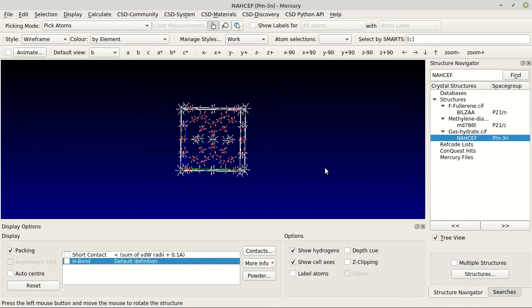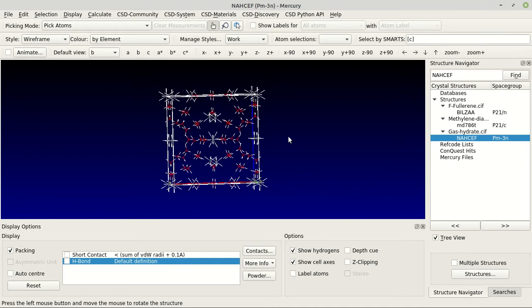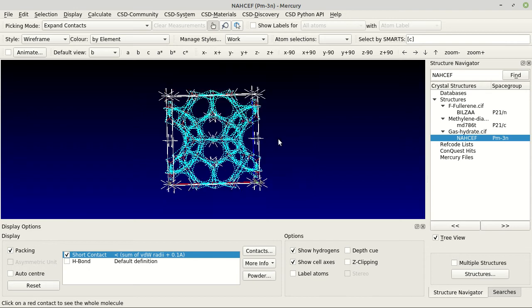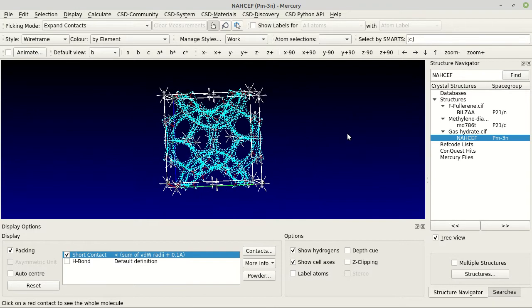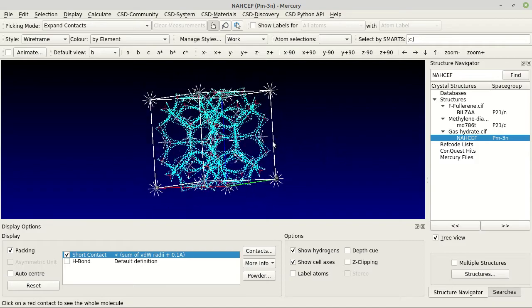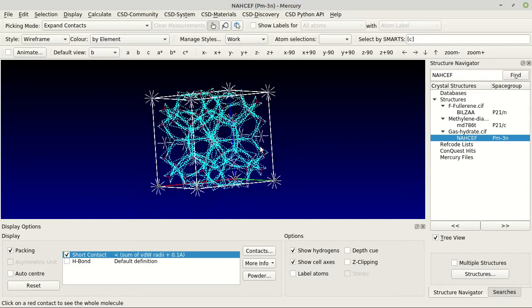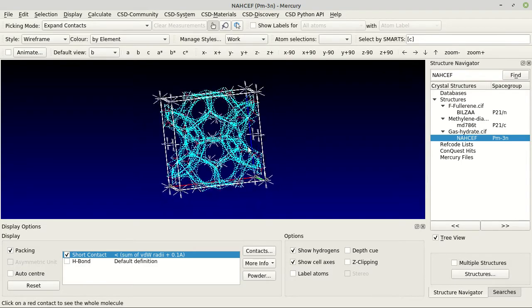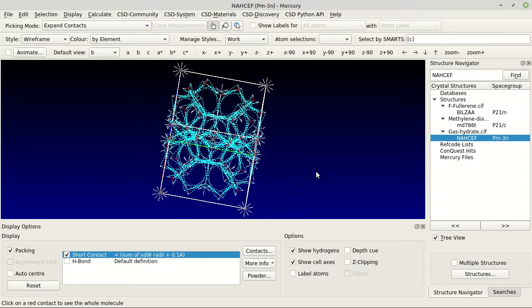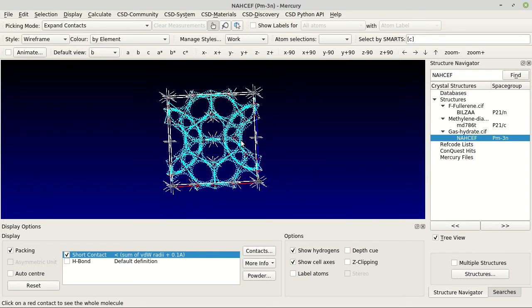Much better is if you click here on the short contact, wait some minutes or some seconds, depending on your computer. When you avoid all this hanging, delete them, and I think this is very nice to see. Very nice you see the host formed by water molecules, and in the middle is always the gas in the host, your alkane, in this case methane.